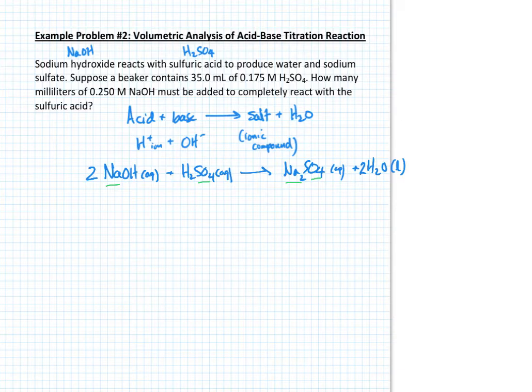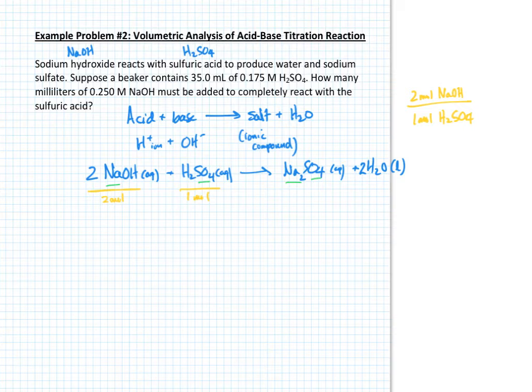The key understanding is there are 2 moles of sodium hydroxide for every 1 mole of H2SO4. That's that special stoichiometric ratio. I'll even write it down here: 2 moles NaOH for every 1 mole H2SO4. That's going to be the key factor which lets me change from one species to another.